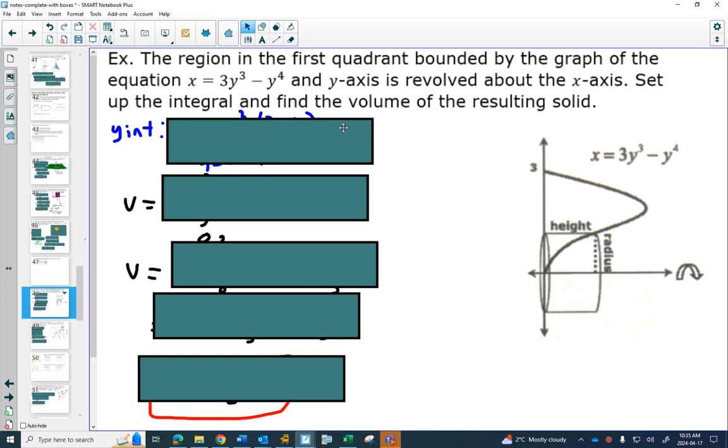There's a crazy looking function: 3y cubed minus y to the 4.